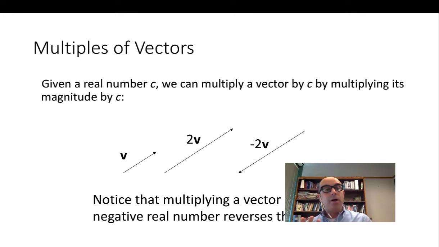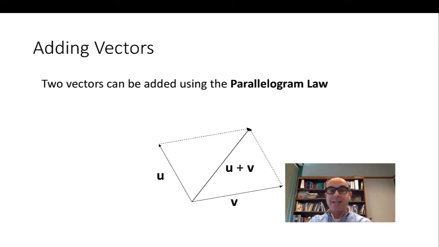For a general real number C, we can multiply the vector by C. The idea here is that it gives directions to the data set itself.